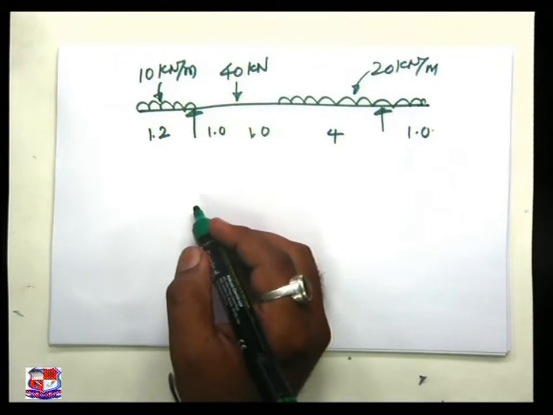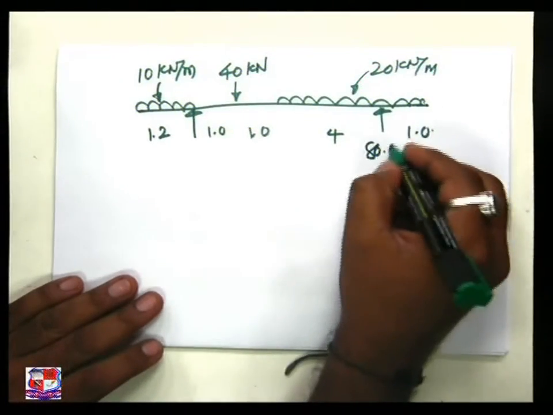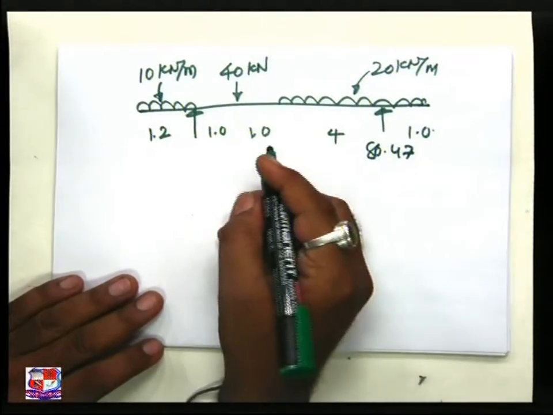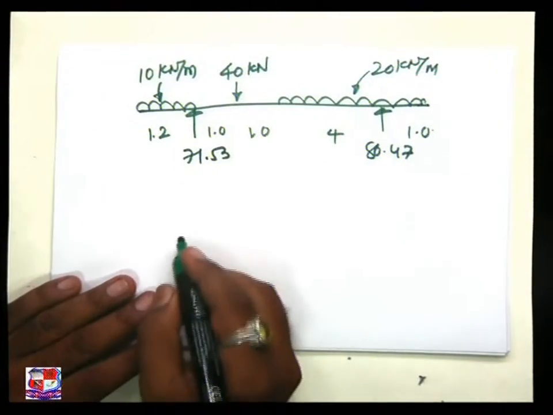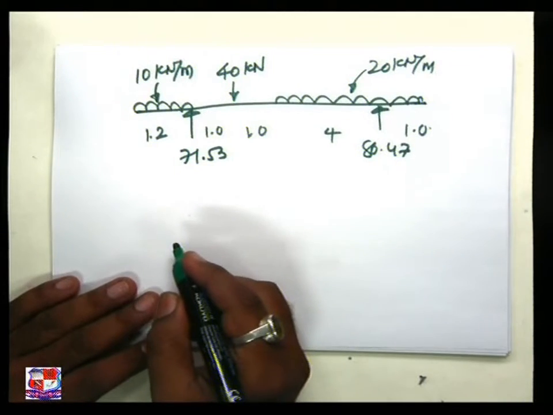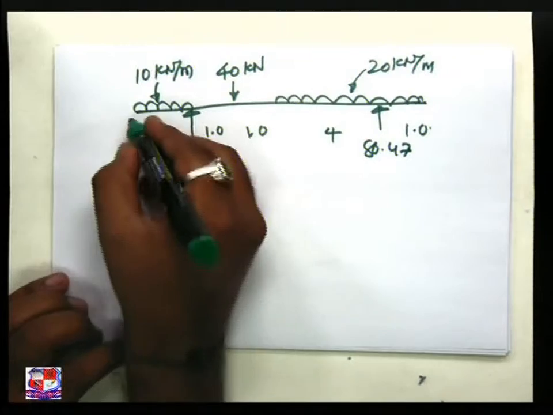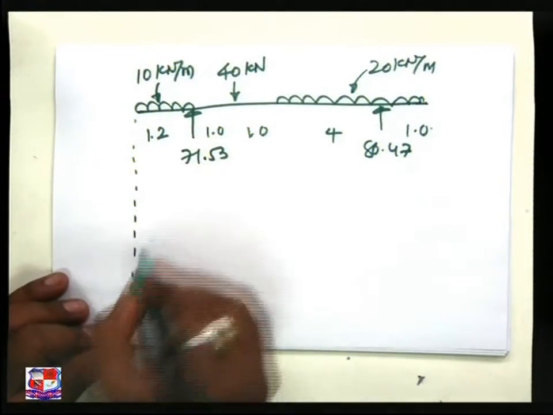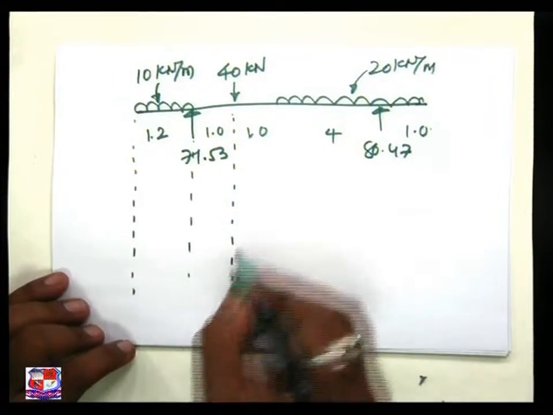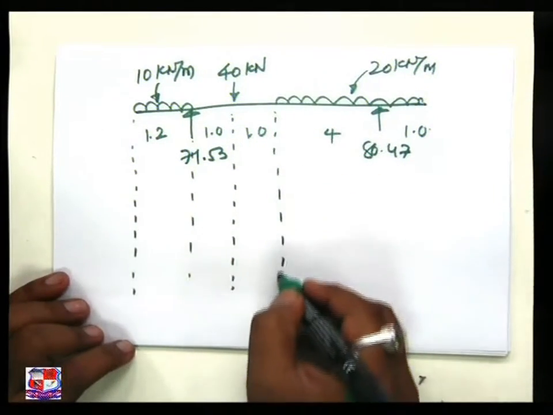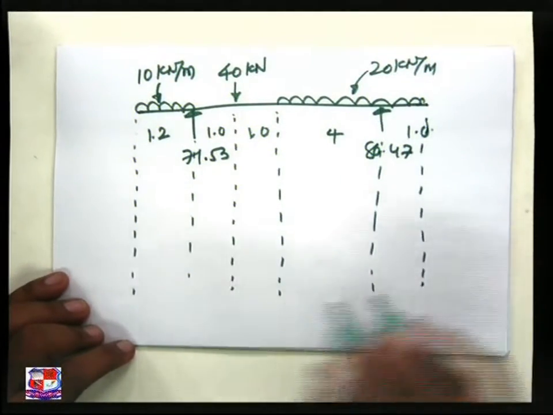We know the reactions: RB is 80.47, and RA is 71.53, and our intention is to plot the bending moment diagram. So draw the dotted lines at important points, where the loading starts as well as where the load ends. We have to plot this dotted line.